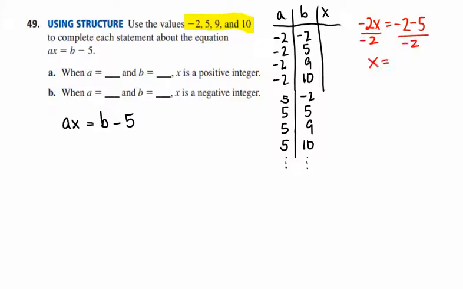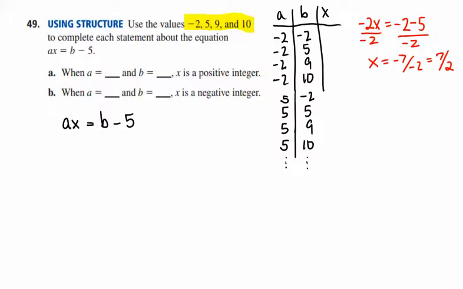And x in this case, numerator -7, denominator -2, so that would be, as an improper fraction, +7/2, which is positive, but it's not an integer. Again, an integer would have to be a whole number, either positive, negative, or 0. In this case, we're only interested in positive integers. So that combination doesn't work.